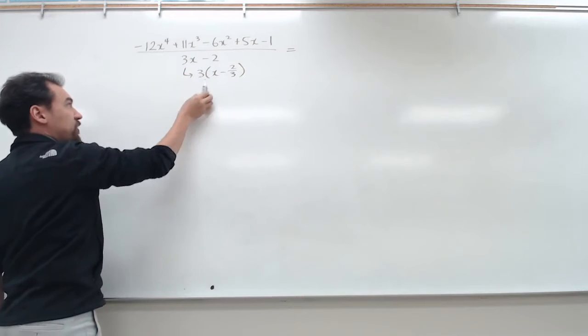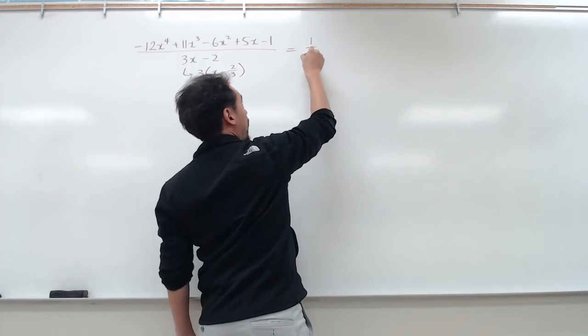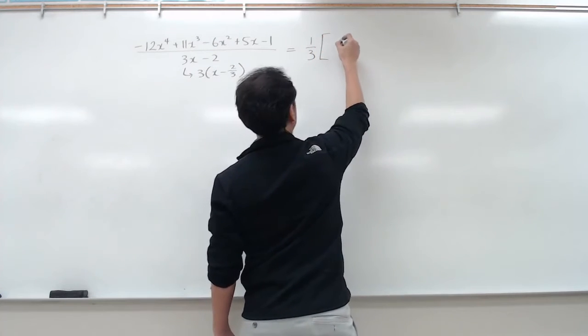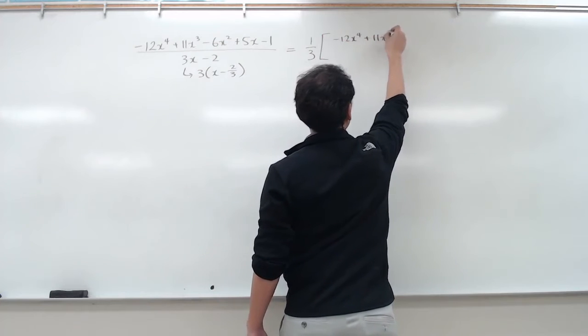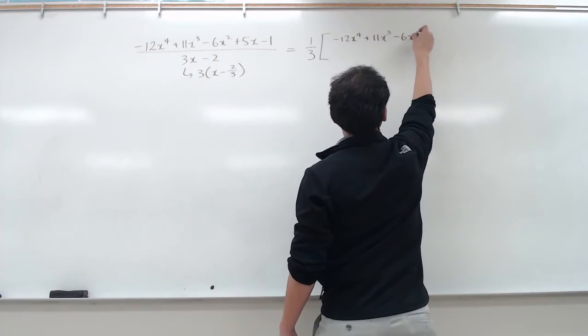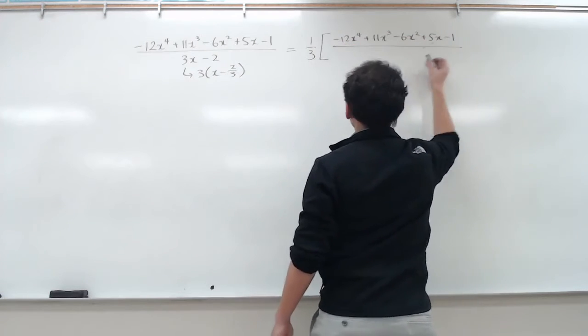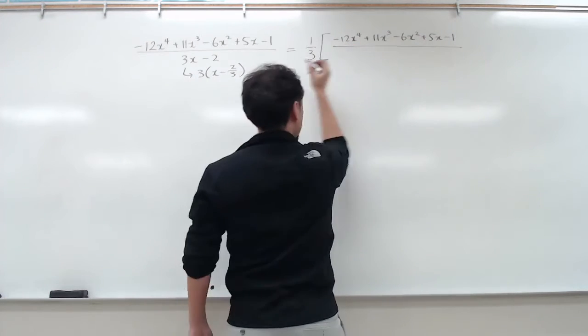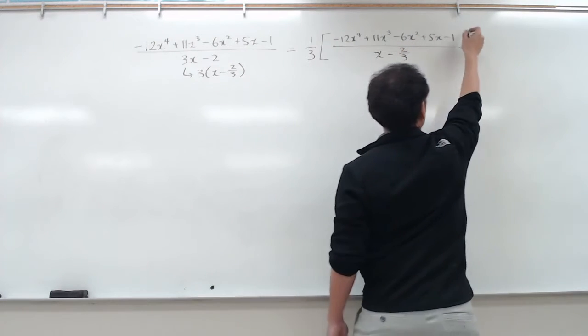And when you factor a 3 out of the denominator, I can pull it out and rewrite my fraction like this. The numerator will stay the same. But the denominator, I factored the 3 out, so I will simply have x minus 2/3 over here.